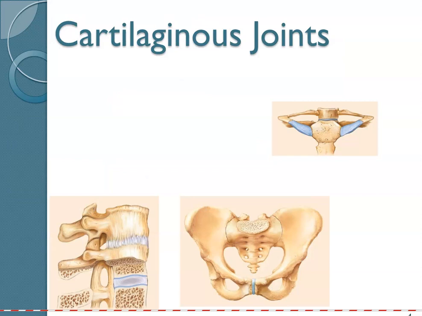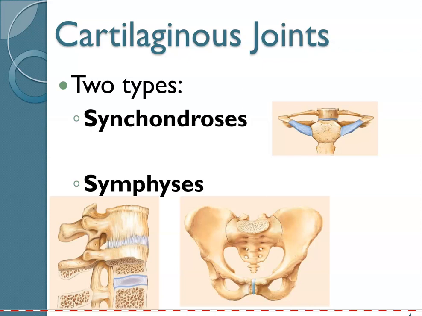Then cartilaginous joints, there are two types. They are made up of two different cartilages and they allow different amounts of movement. So let's look at the first one, synchondrosis. Synchondrosis does not allow any movement and is made up of hyaline cartilage.